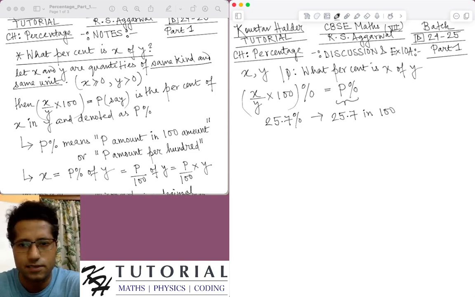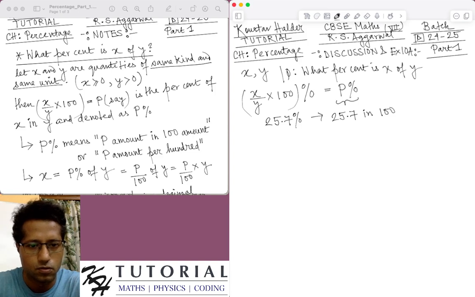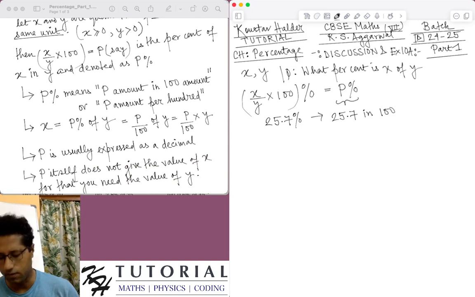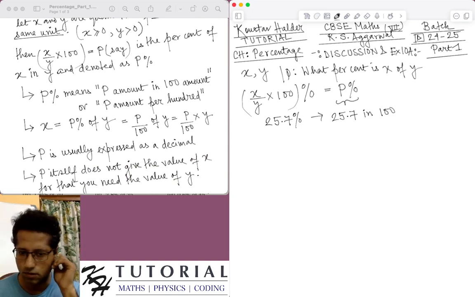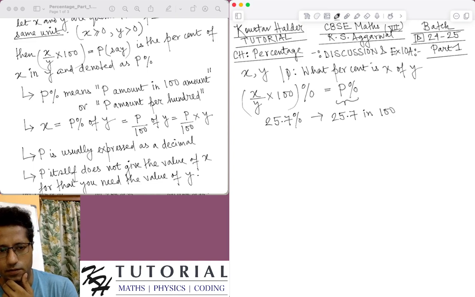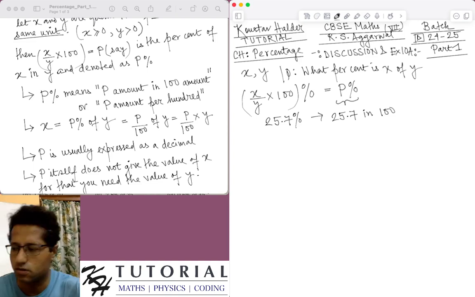Now, as I said, if you follow the notes, it is saying x equals to, if I know the percentage of some quantity, and if I know y, then I can tell x. So x is x, and we say x is p percentage of y.